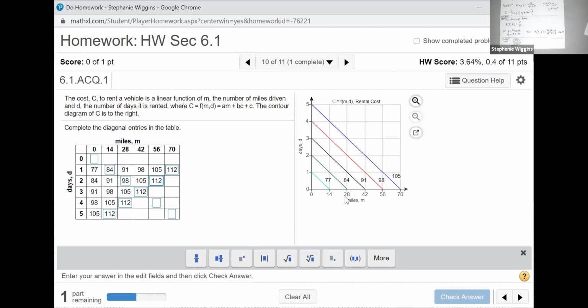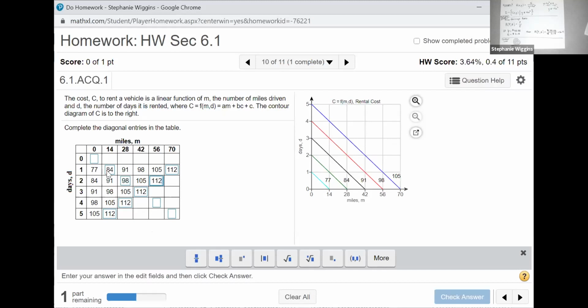Well, look over here, 28 and 2, that coordinate sits right here on the red contour line. And look here, the red contour line has a constant value of 98. So that's where this 98 and this 98 correspond. So you can see how that works going back and forth between the diagram and the table.